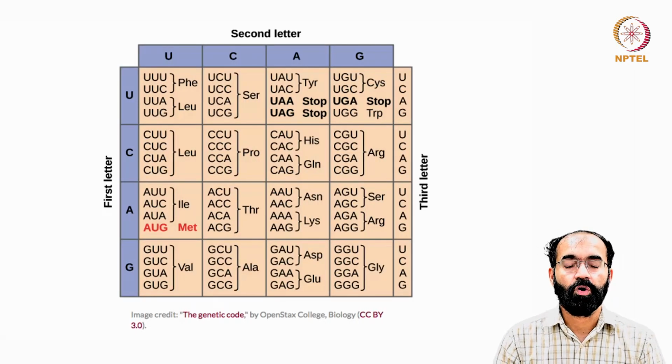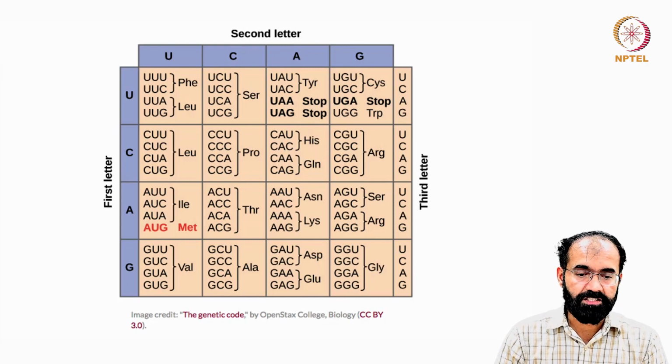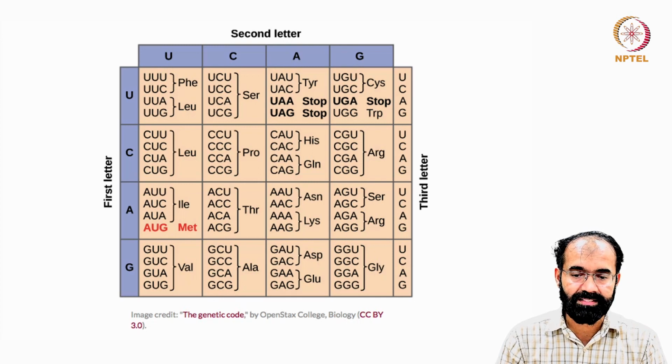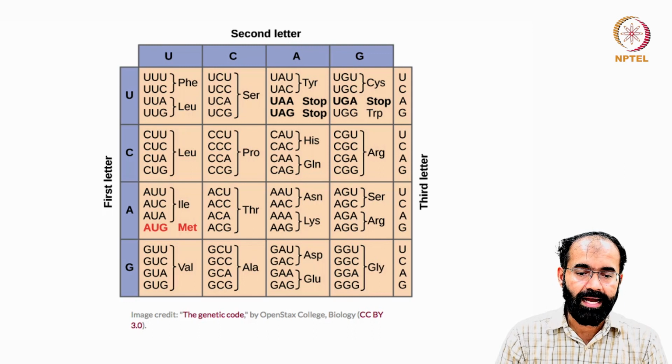So you can see the codon preference table. This is the first base of the codons, U, and this is the second letter, U, and this is the third letter. So UUU, and then comes UUC, first letter, second letter, then A, UUA and UUG.